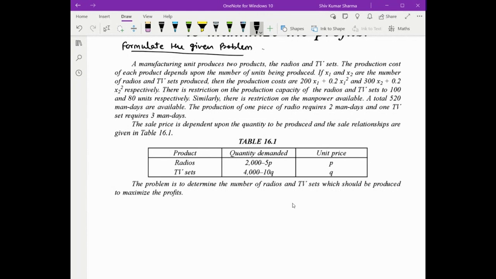Now, for the formulation of the problem, x1 and x2 are the number of radio sets and TV sets produced.